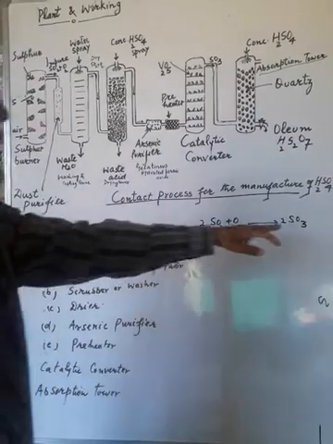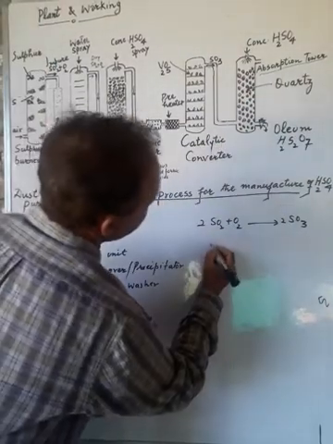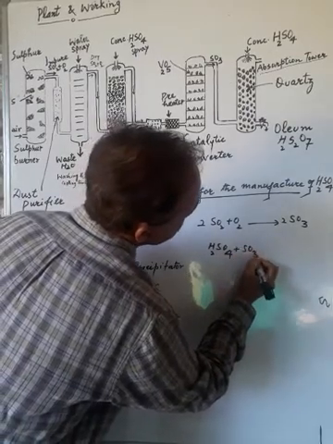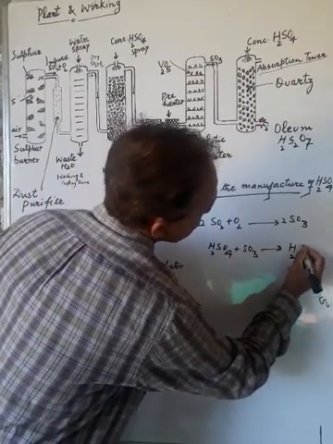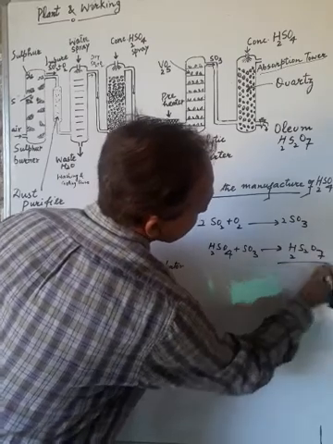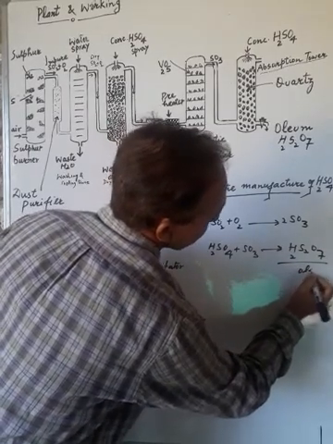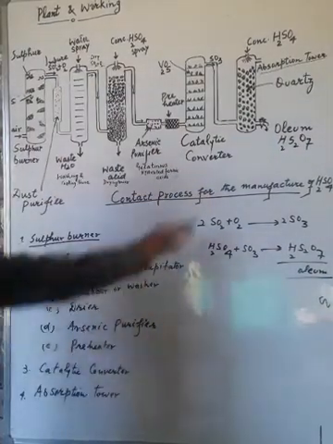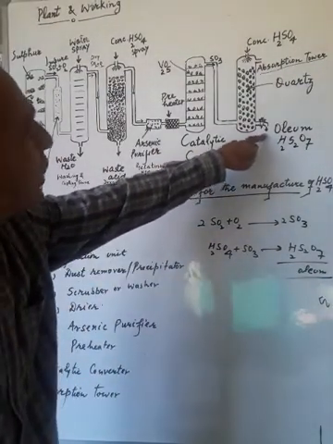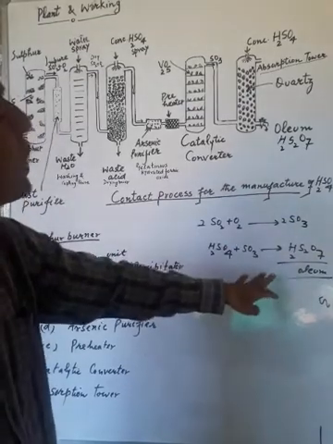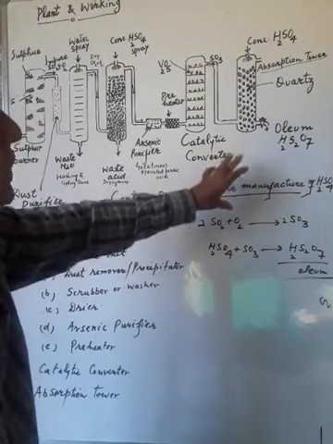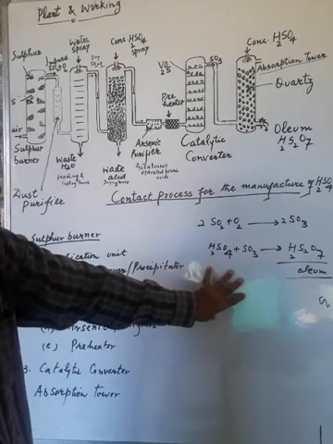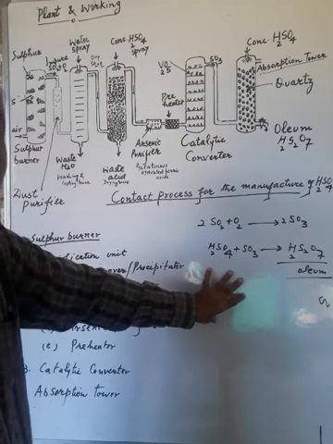This sulfur trioxide gets absorbed by the H2SO4 and forms oleum, H2S2O7. We collect this oleum from here, and this oleum is diluted with the calculated quantity of water so that we get sulfuric acid of desired concentration.